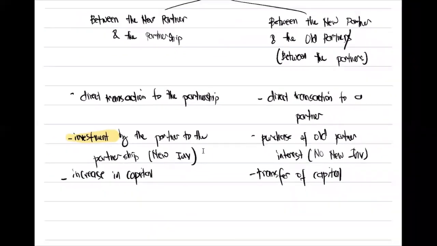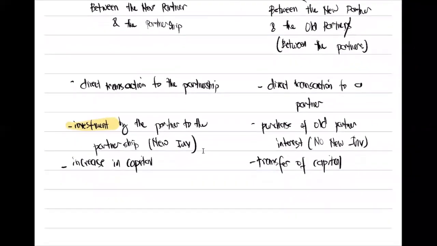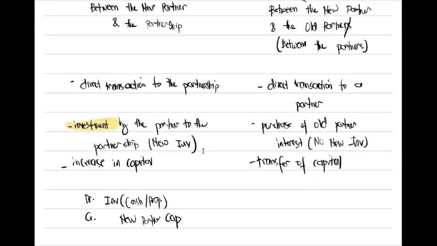So what happens here? You debit the investment. It's either cash or property. Okay. And then you credit the new partner capital. So as you can see, because of the new partner capital, there will be an increase in capital.